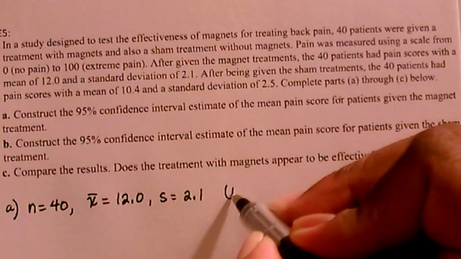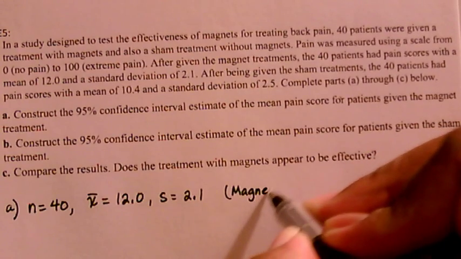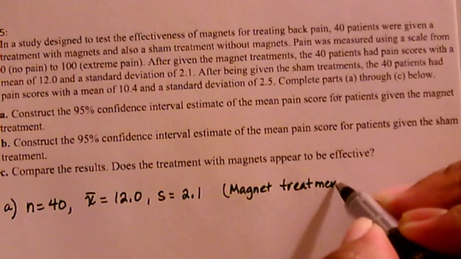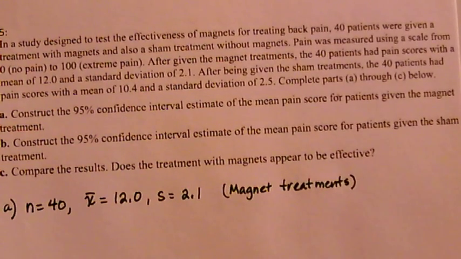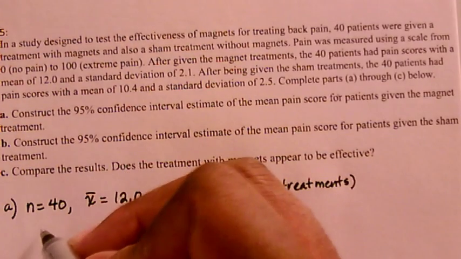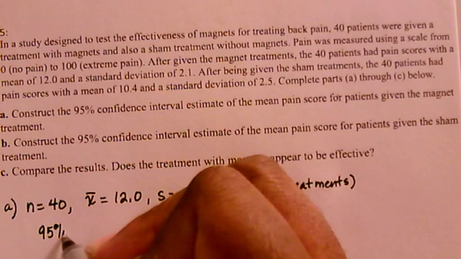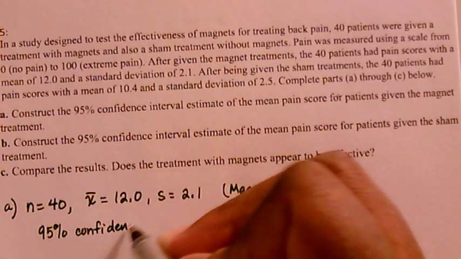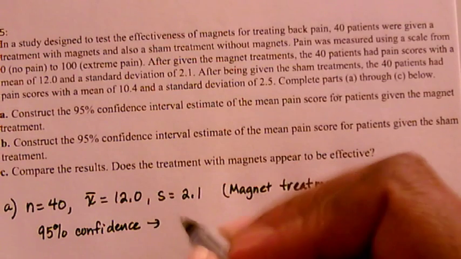And this is for the magnet treatments. And we're dealing with a 95% confidence level. And this is for a mean.